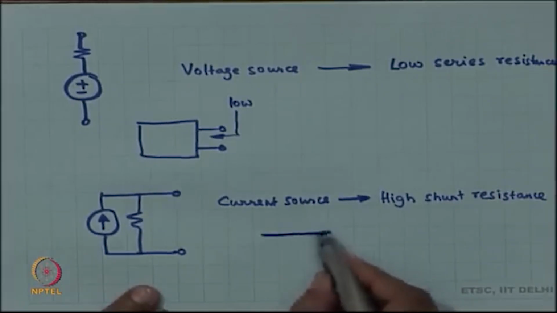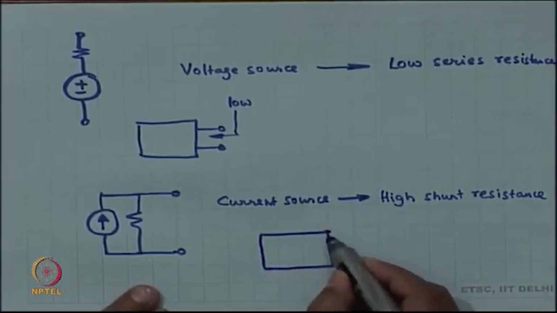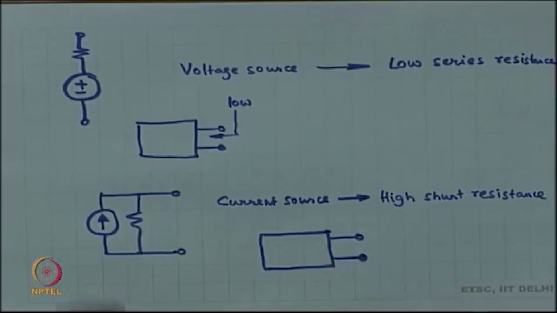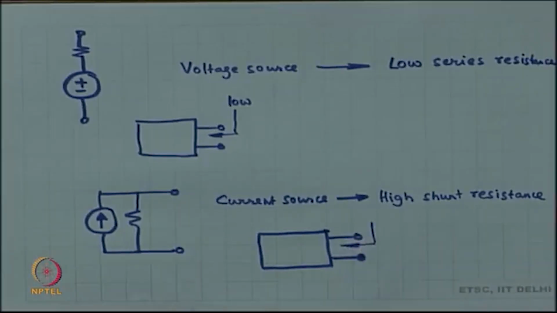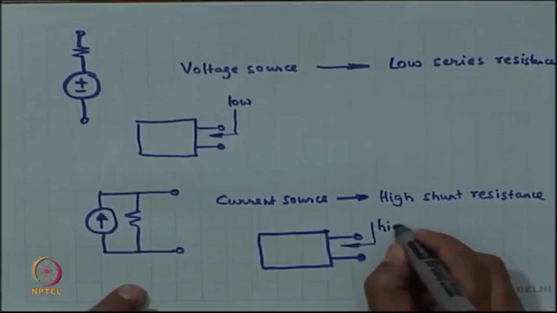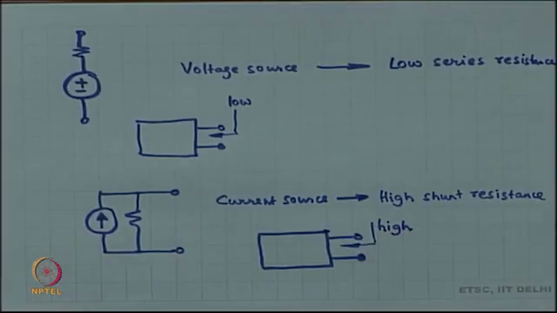Okay. In other words, if you have made a box and you find the Thevenin or Norton equivalent, they are the same, right. The Thevenin equivalent impedance is the same as the Norton equivalent impedance. If you find out the output impedance of this box and find that it is high, again, low and high are all relative terms and subjective.